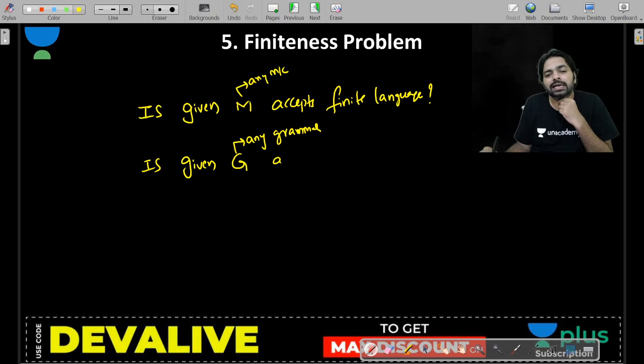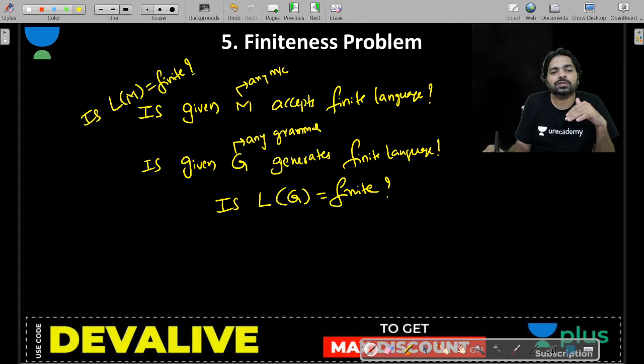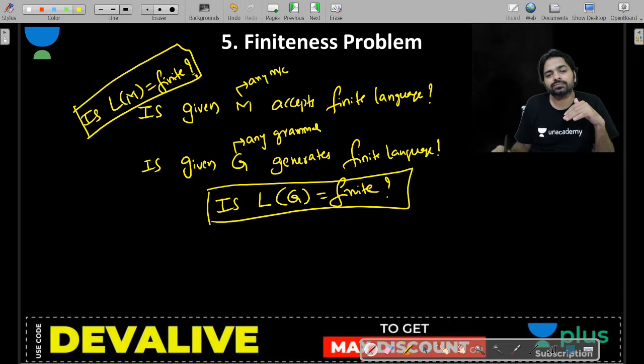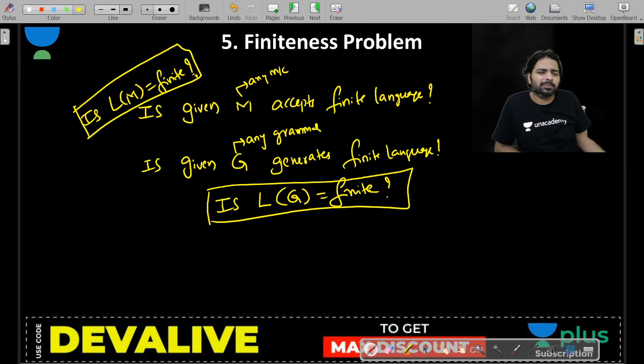Does the given G generate a finite language? It's just like that: is L of G equal to finite? Or you can write, is L of M, the language accepted by M, equal to finite? Of course, which finite we really don't know right now. It is just a theoretical question. Is this finiteness problem decidable for finite automata, or decidable for DPDA or not? Tomorrow we will see it.